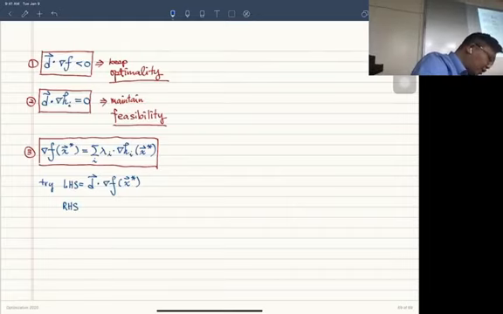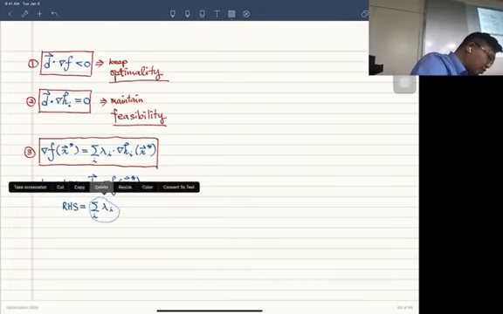is basically the summation of i, lambda i, and let me expand this whole thing.